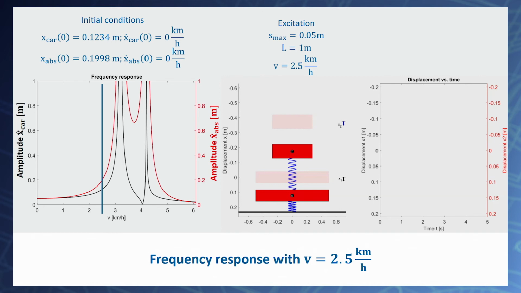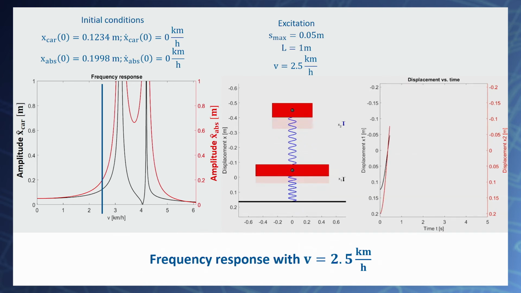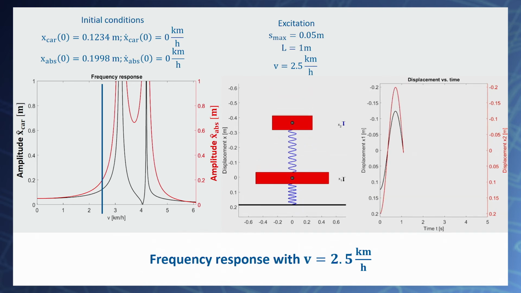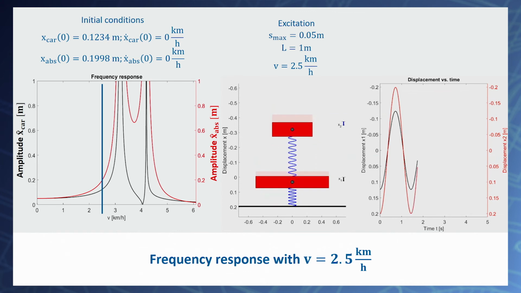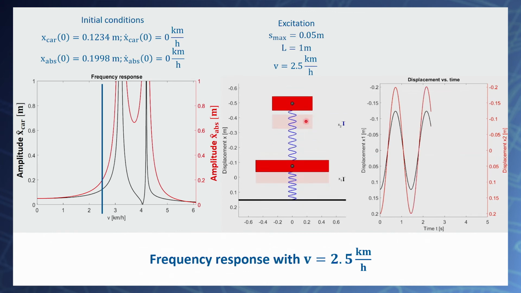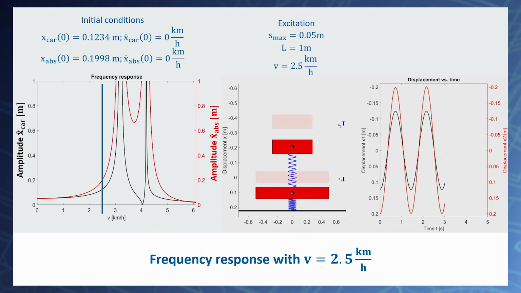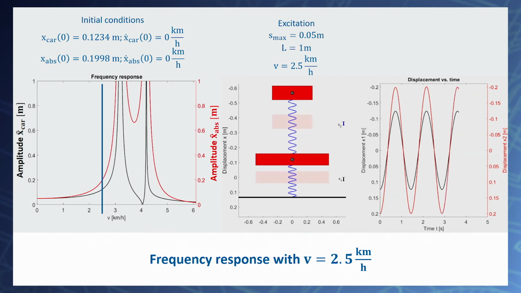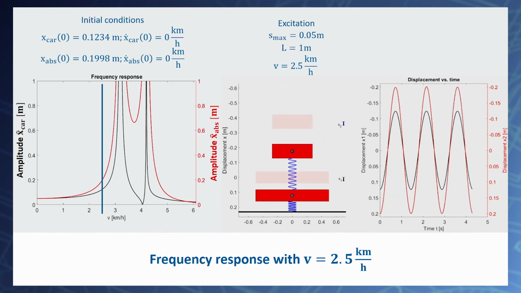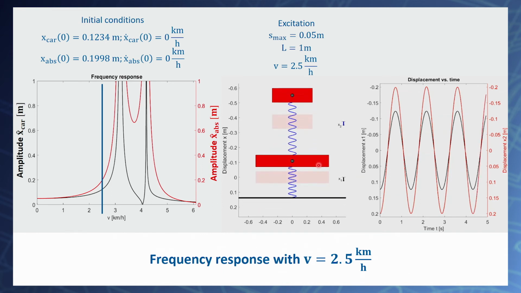Now, when we are getting closer to the first resonance, we can see that things change slightly, and in fact we can see that the amplitude of the absorber mass is getting much higher than the amplitude of the body, but still both the car body and the absorber mass exhibit higher displacement amplitudes than the excitation.